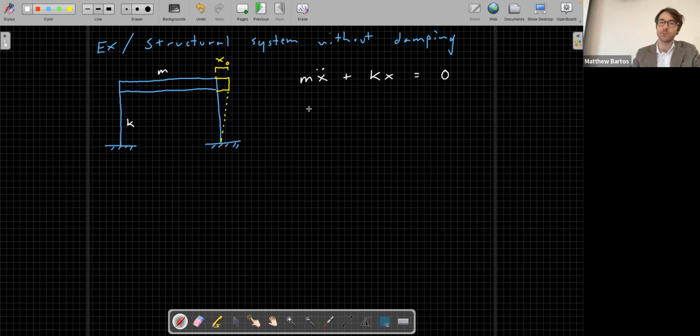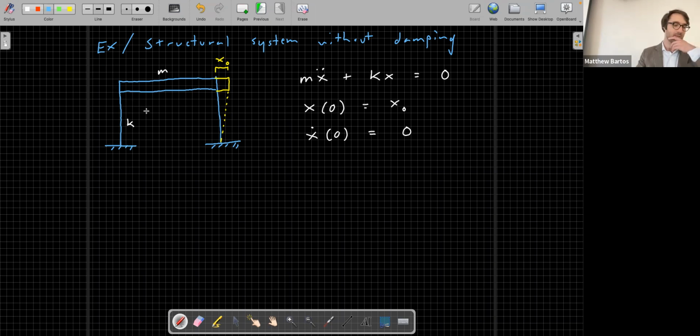Because it's a second order system. So let's say that the initial displacement is equal to some known value x naught. And let's say that the initial velocity is 0. Okay, so we were simulating if we displace this structure over to the right, let it go, what is its response going to look like? This is the homogeneous response of the system.